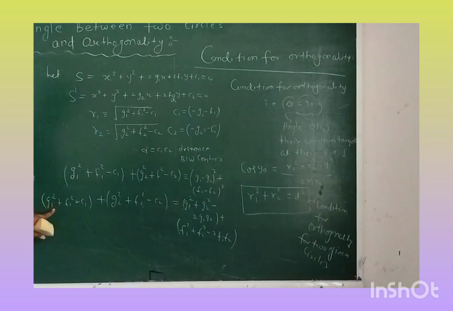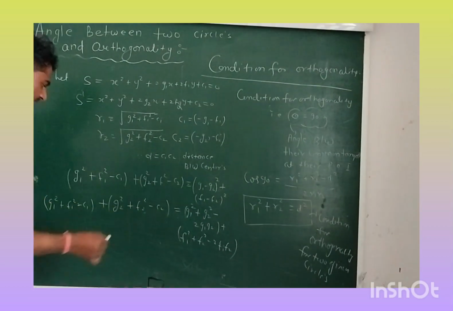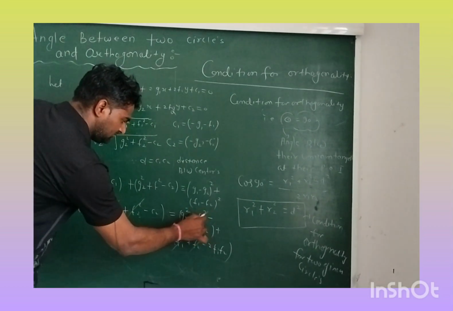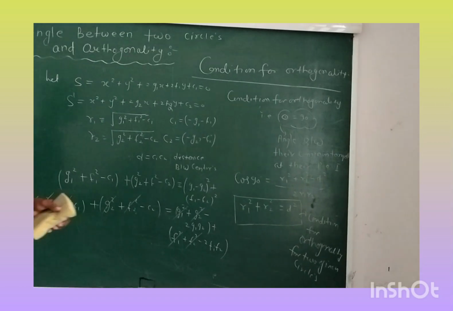Now here g1 square, f1 square, g2 square, f2 square, these terms cancel out. So finally what do you get?